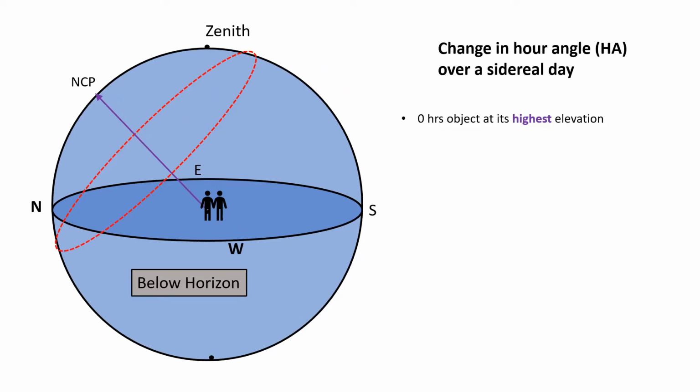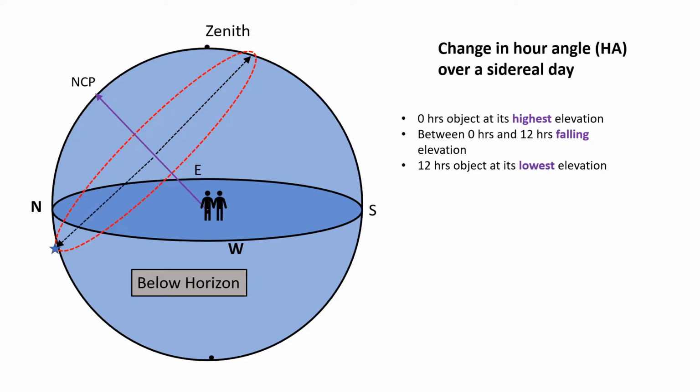So if we look at how the hour angle of an object changes over a sidereal day, starting at 0 hours when it's at its highest, between 0 and 12 hours, the object sinks, reaching its lowest elevation at 12 hours. It then rises, reaching its highest elevation back at 0 hours.